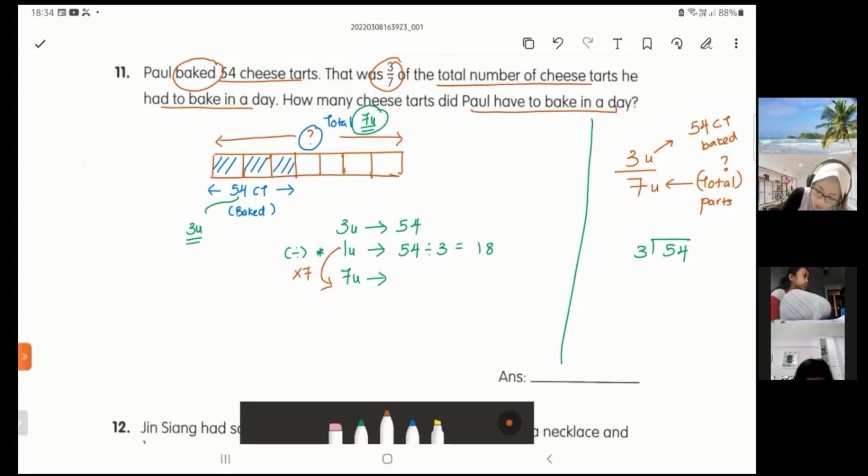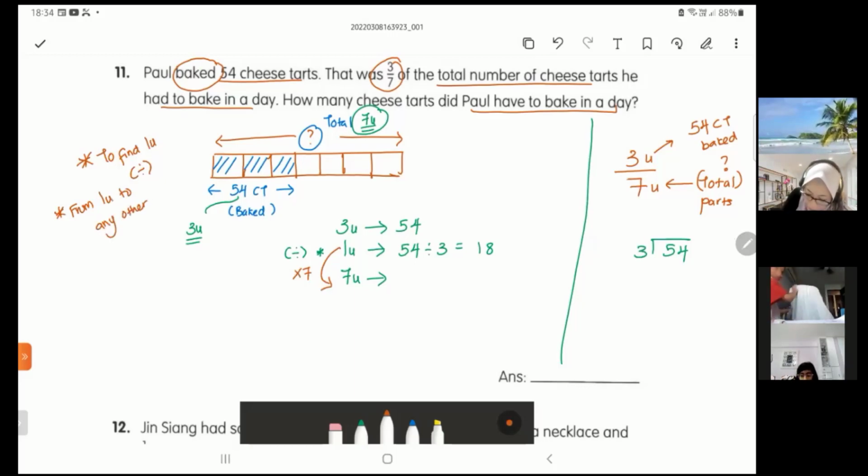Let me just put this note here. To find 1 unit, you have to divide. From 1 unit to any other units, you need to times.